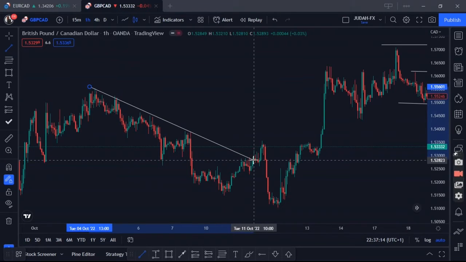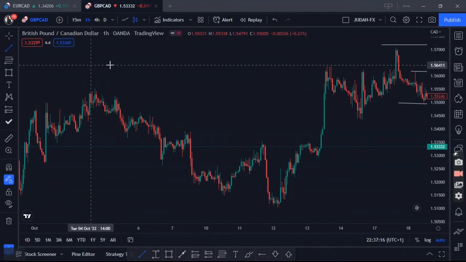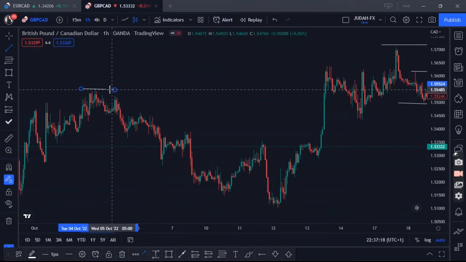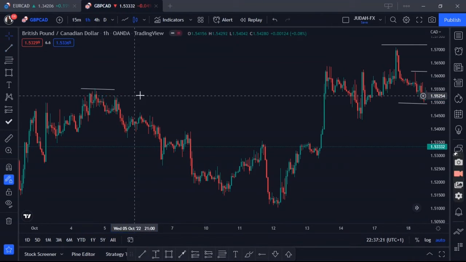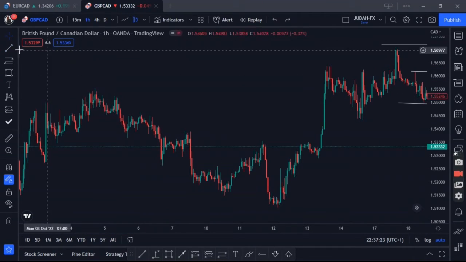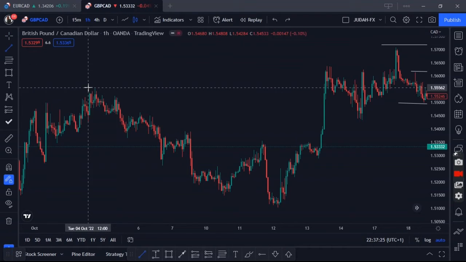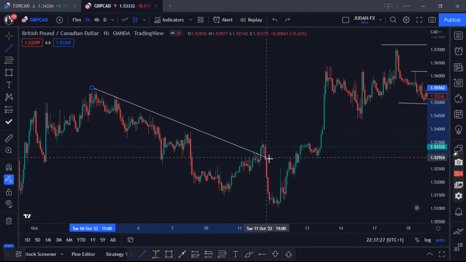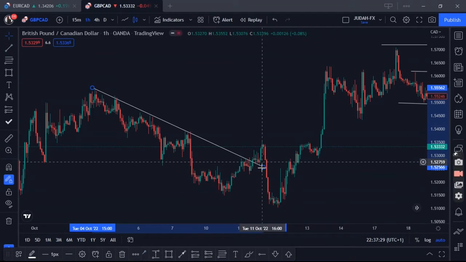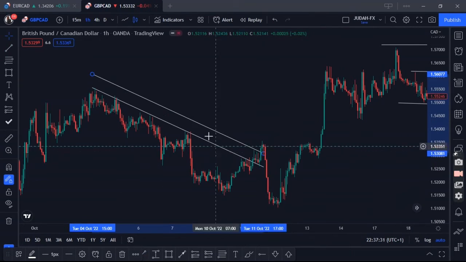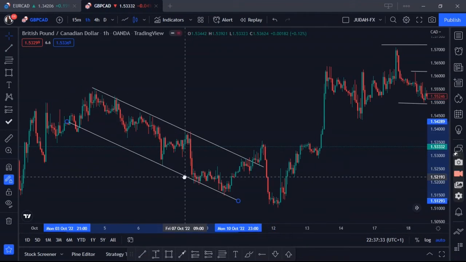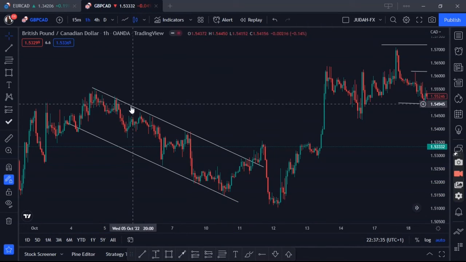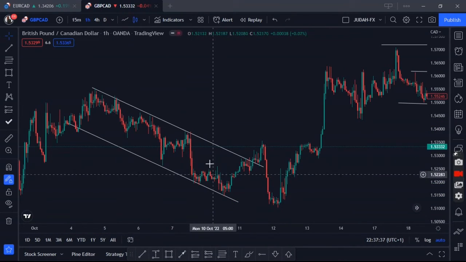In order to identify the trend, most traders usually draw trend lines. The way that works is you connect the highs, right? You connect the highs like this, and then you copy and paste that same trend line and put it on the lows, right? So you're connecting the highs and you're connecting the lows.